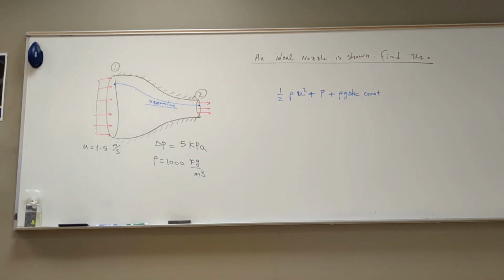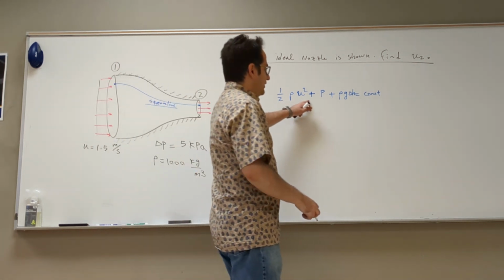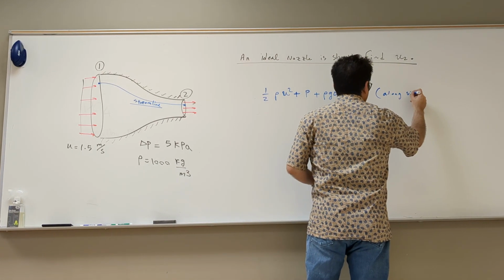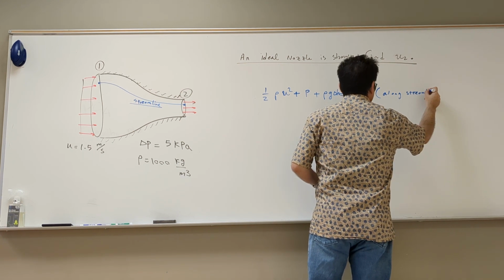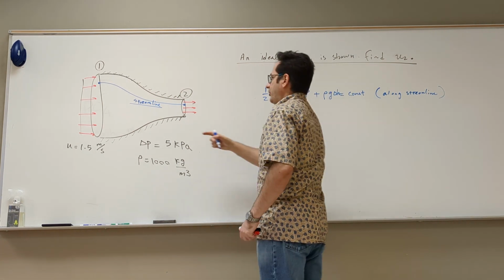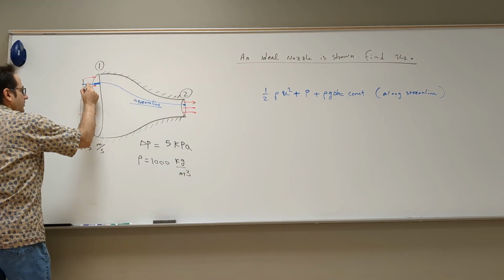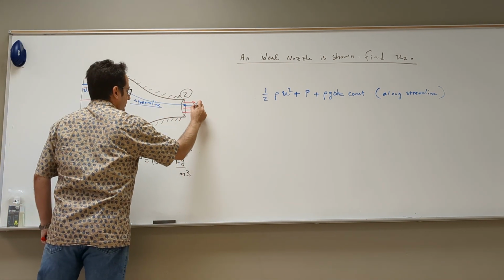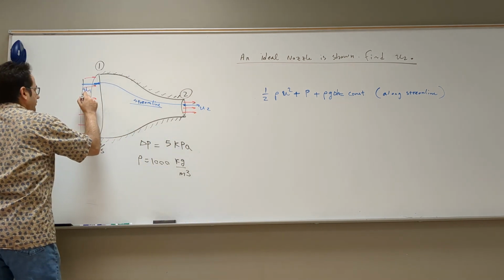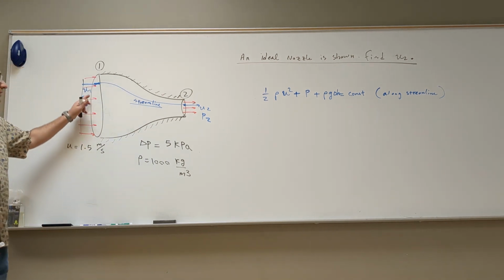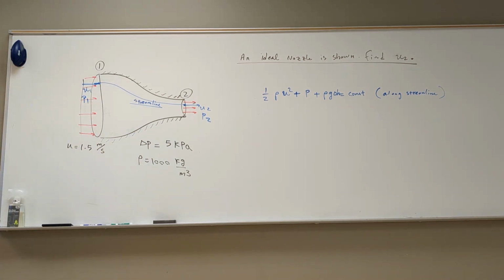So that's Bernoulli. So this is constant along the streamline. I know this is a streamline that passes from point 1 and 2. So anything here is velocity 1 or u1. Anything here is velocity u2. Also pressure here, pressure p2, and the density is almost constant. It's incompressible. So this equation is perfectly valid.